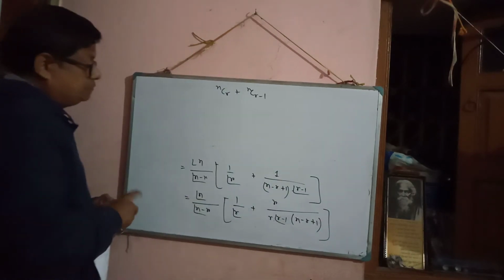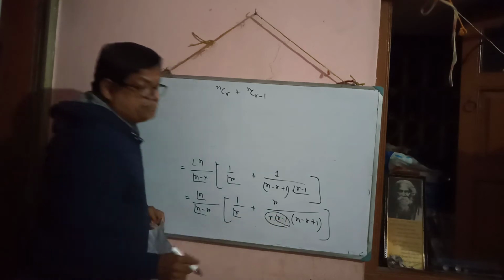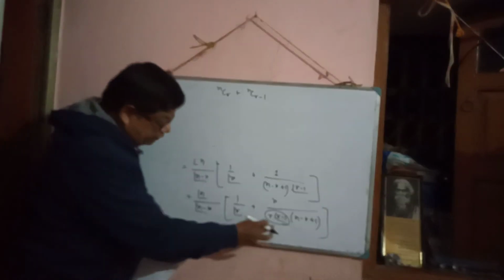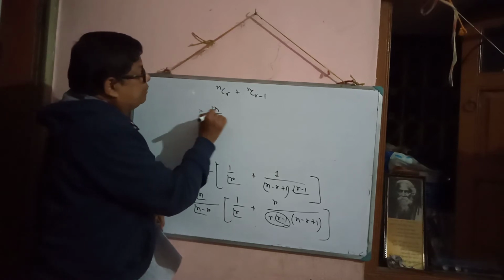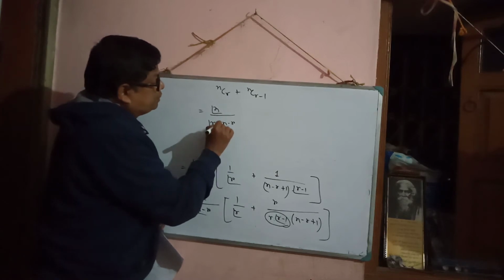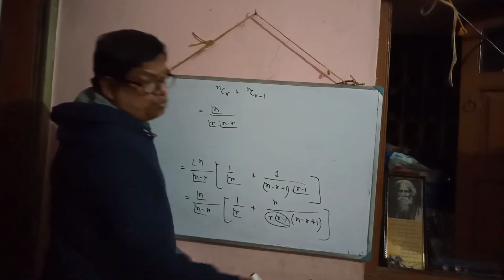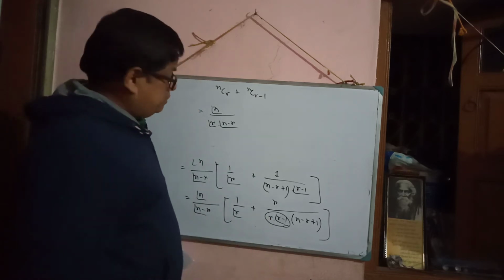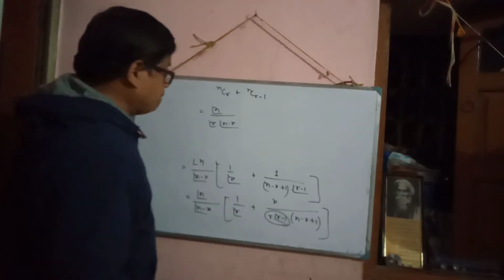See, again r into (r minus 1) factorial means r factorial, so you take r factorial common again. So n factorial by r factorial into (n minus r) factorial. Okay, r into (r minus 1) factorial equal to r factorial.